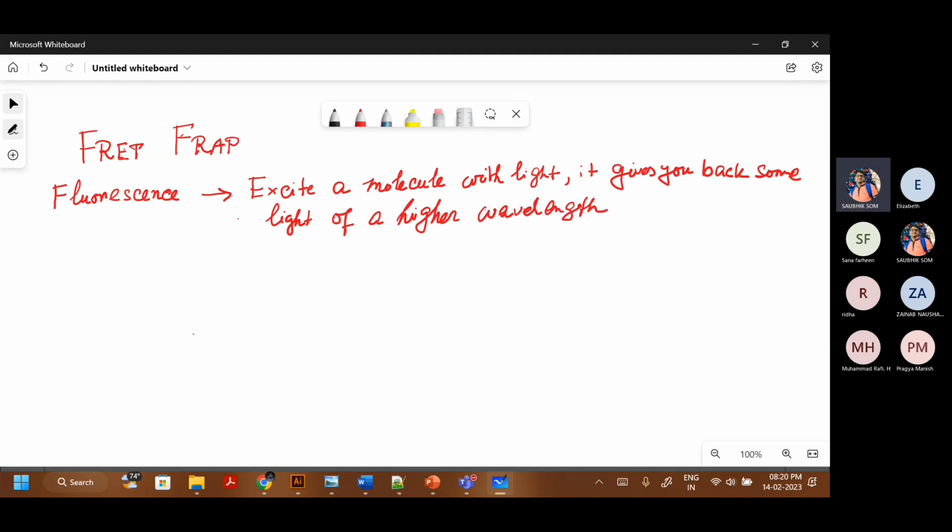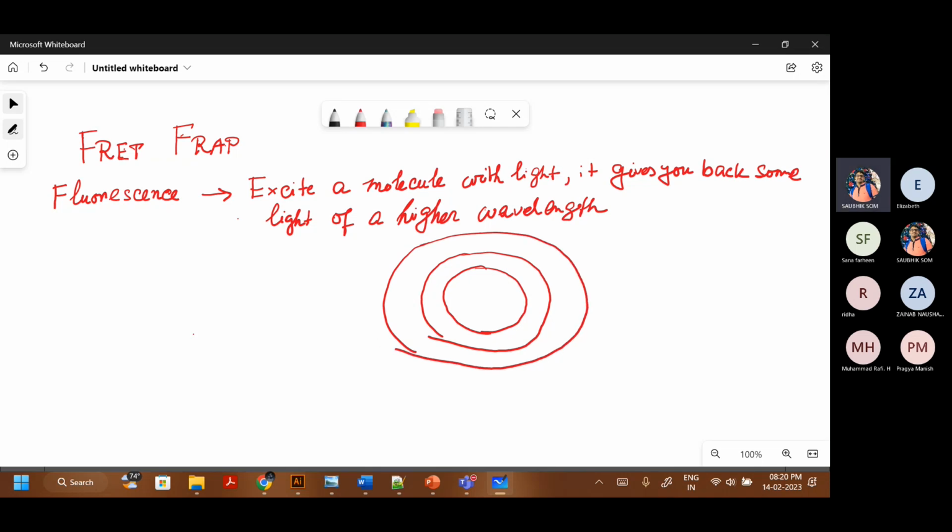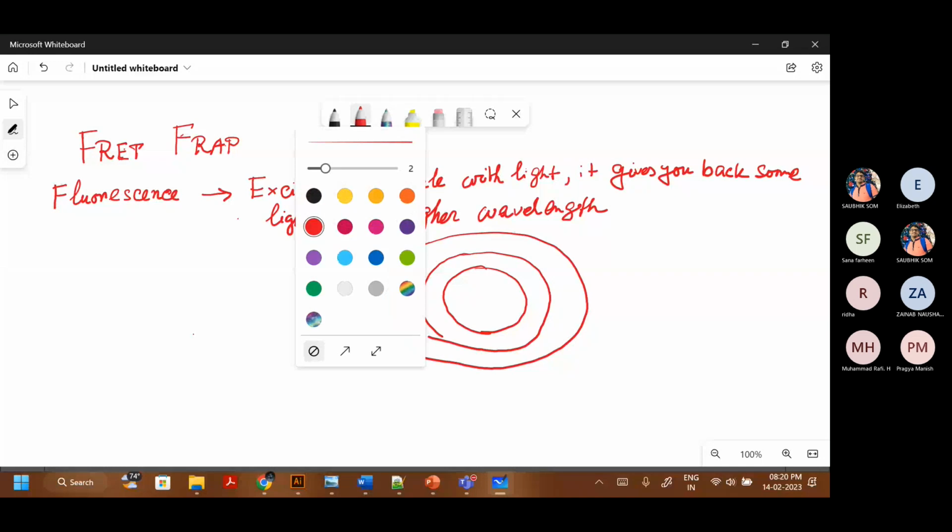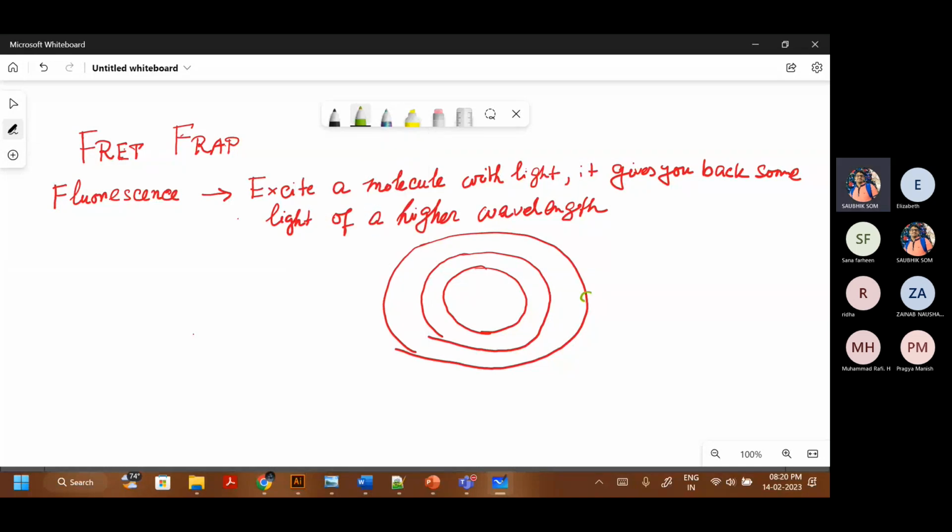Why does this happen? Now there are some molecules that have electrons in different shells. This is my nucleus, and some electrons are going around it. Now light is nothing but photons, correct?